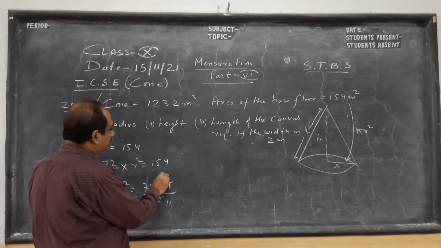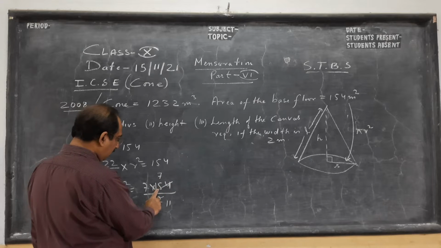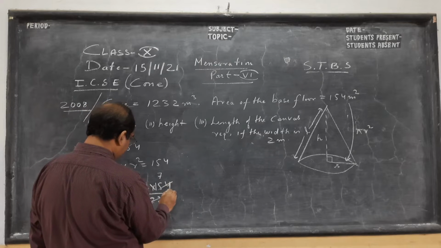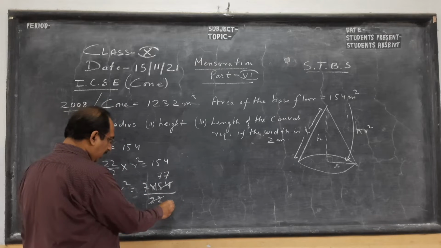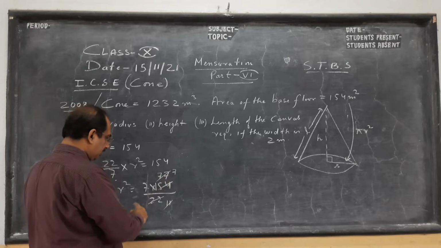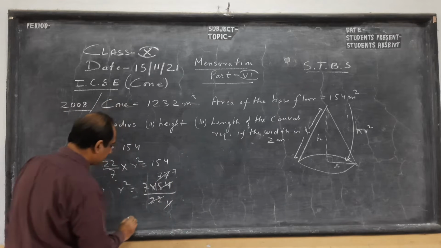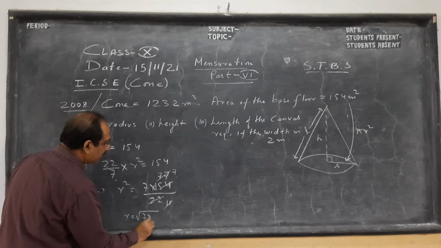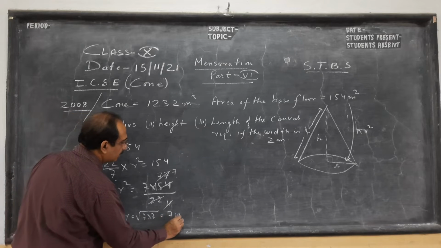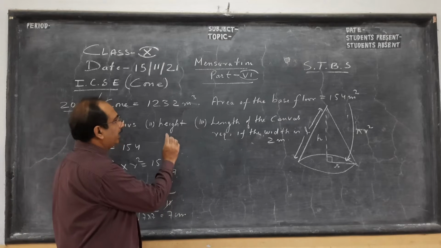So 2 7s are 14. So we get 7. Now 11 7s are 77. So the radius we get as root over 7 into 7, which is 7 centimeter. So the radius we get.